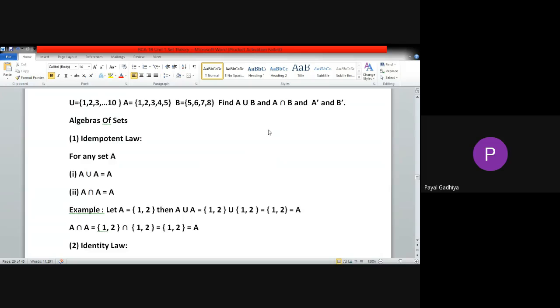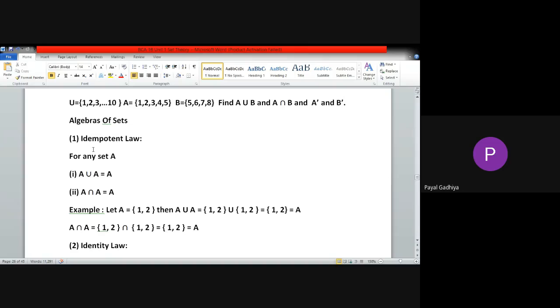Okay, now let us see the next topic, which is algebra of sets. We have some laws over here, the laws of set theory. First of all, the first law is the idempotent law.